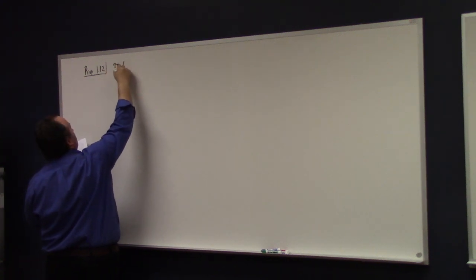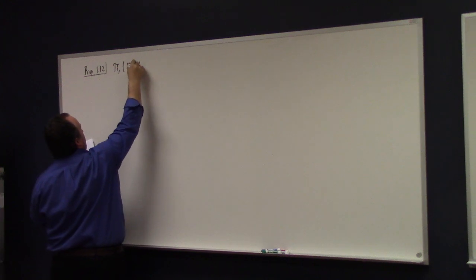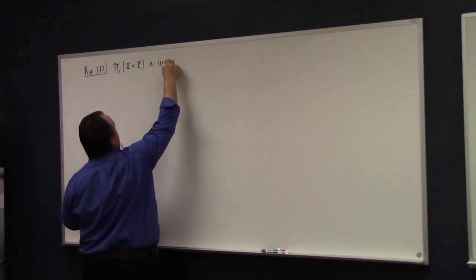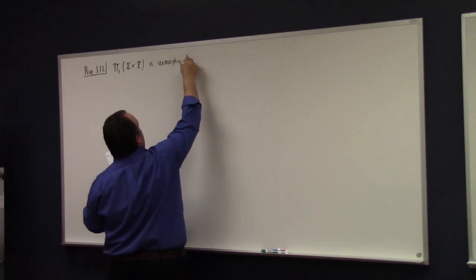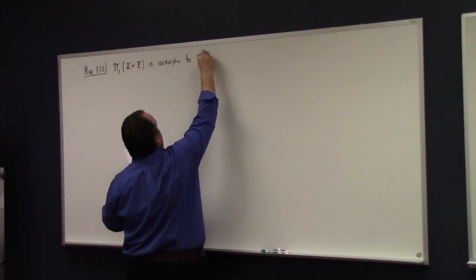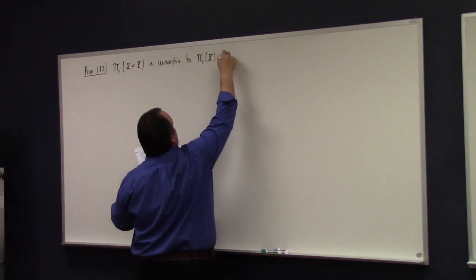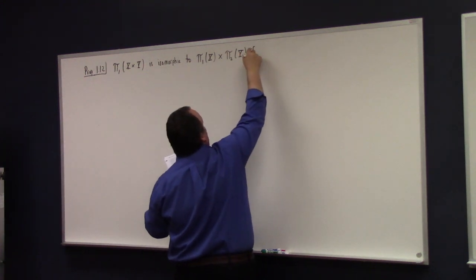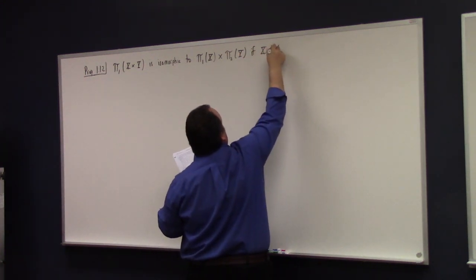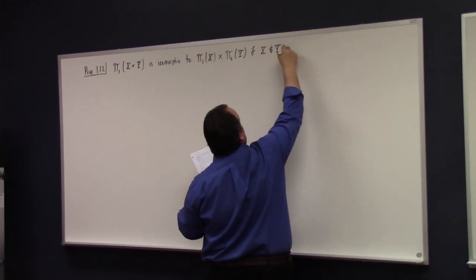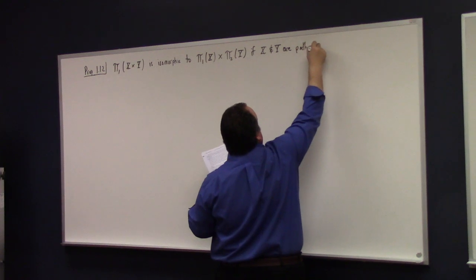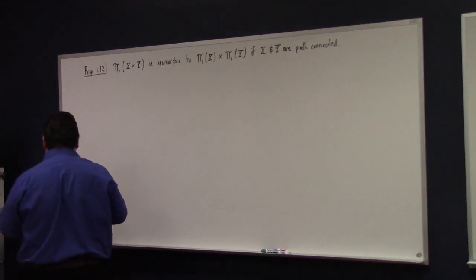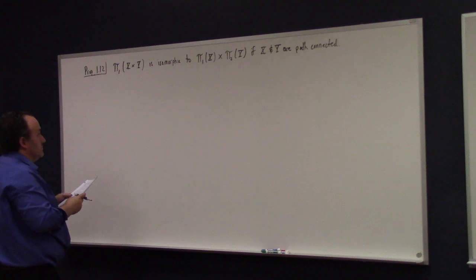The fundamental group of the Cartesian product of X with Y is isomorphic to the direct product of the fundamental groups of X and Y respectively, if X and Y are path connected.